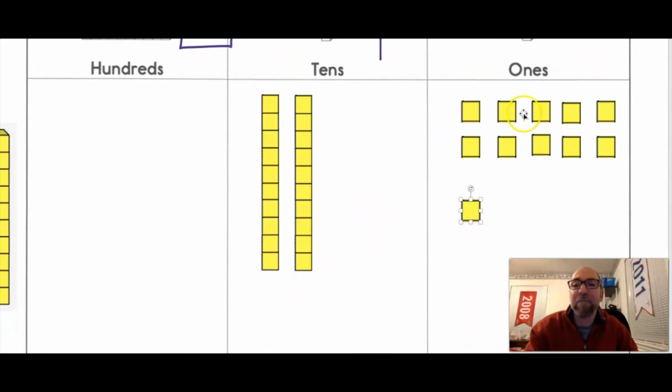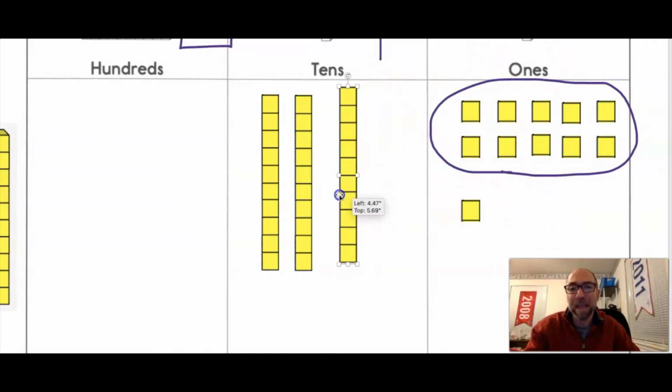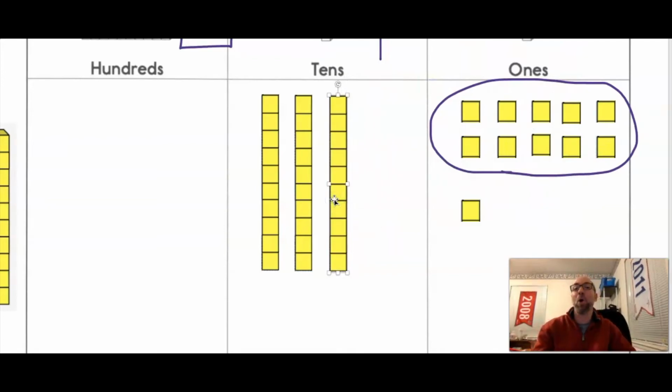Notice that I have a group of 10 cubes. This group of 10 cubes is just like having another long. 10, 20, 30, 31. I made a trade. I took my 10 cubes and I stuck them all together to make a long.